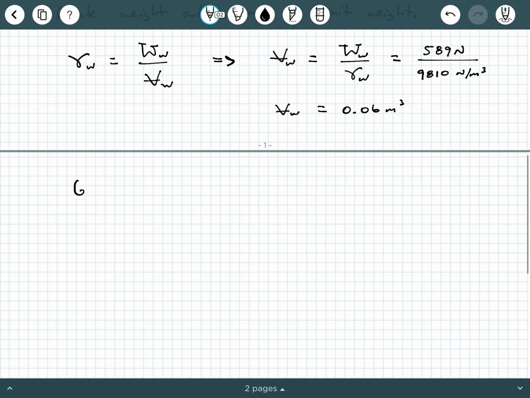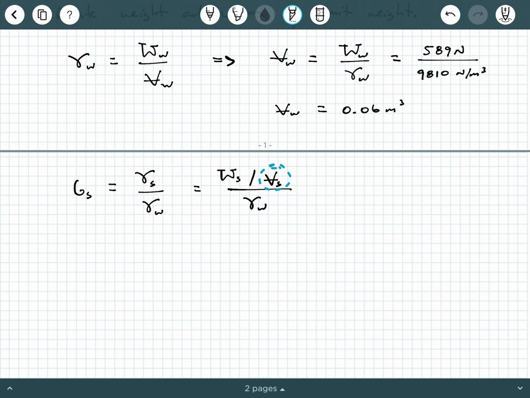So let's say the specific gravity of soil solids is the unit weight of soil solids divided by the unit weight of water, okay? Basic definition of specific gravity. And then we're going to say the unit weight of soil solids is the weight of soil solids divided by the volume of soil solids. And then our unit weight of water is still down there in that denominator. So what are we really looking for?